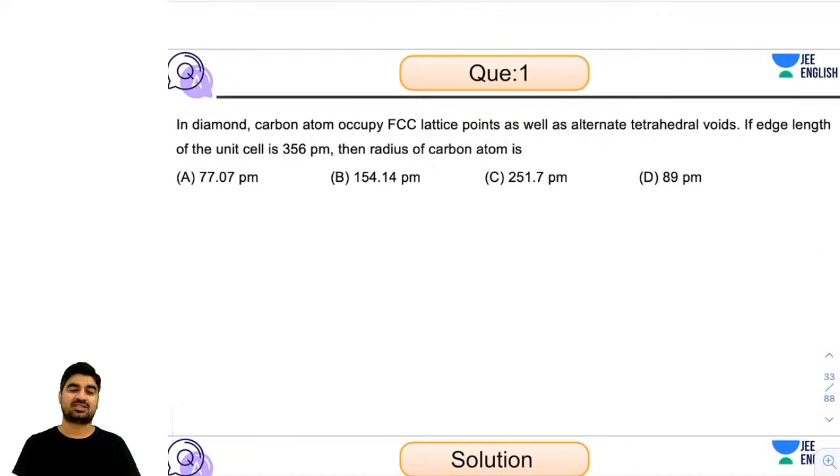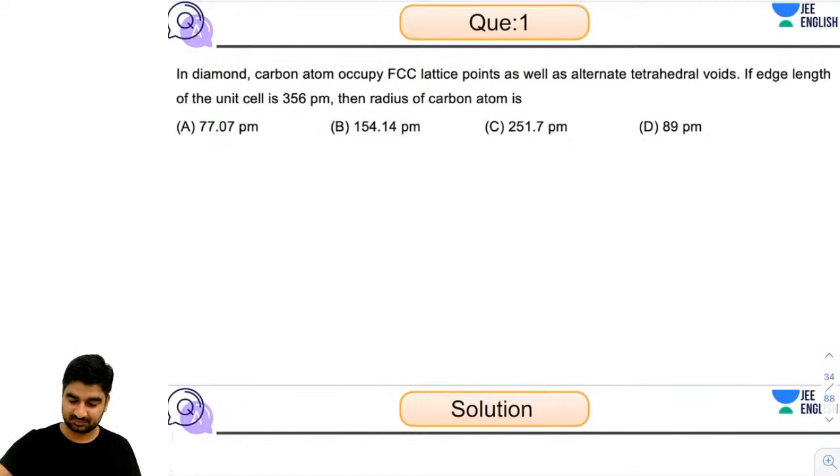So guys, now it's time to practice some problems. Whatever we have learned till now, let's do it. Now solve the first problem. Again, we have a diamond. There is a problem directly on diamond. Tell me, guys, what will be the answer? If you have learned all these structures, then you can solve them.